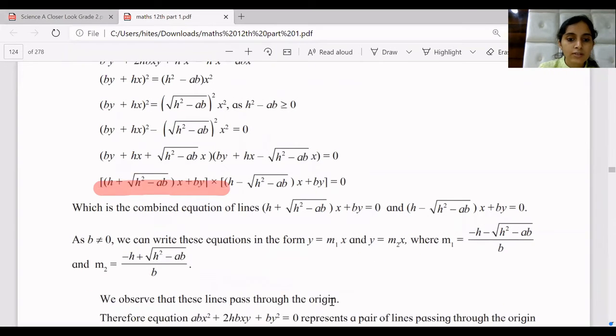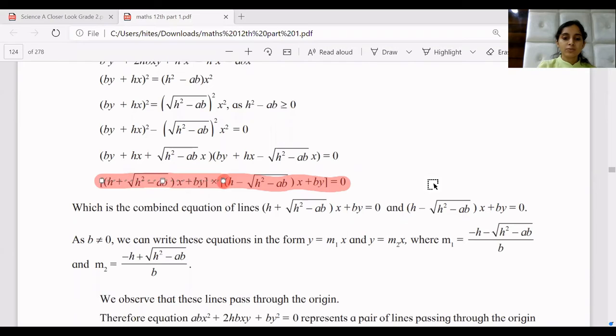So you get these two factors: (h + √(h² − ab))x + by, into (h − √(h² − ab))x + by, equal to 0. So you can observe these are two equations of lines.